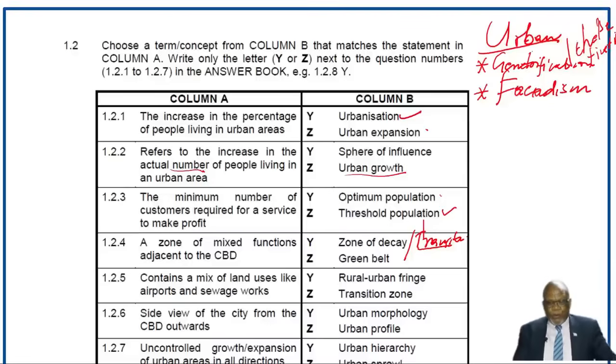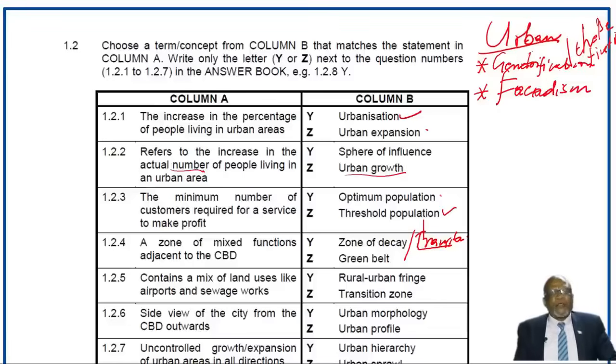Now, facadism. What is happening there? The old structures have some sentimental meaning to the owners. The people do not completely renovate them like they would in gentrification. In gentrification, you'll see a completely new structure, or it has been changed without preserving any part of the building.